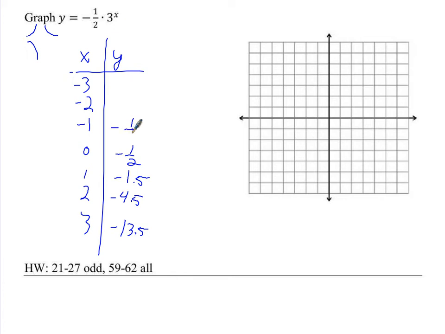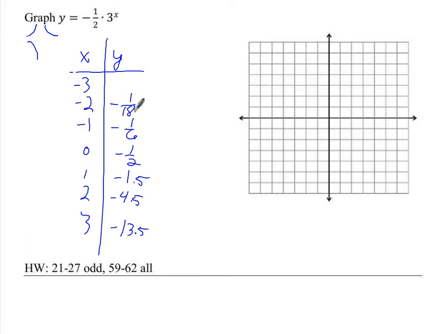Negative 1/6. Take negative 2 and plug it in. 3 to the negative second power, which is 1 over 3 to the second power, which is 1/9 times negative 1/2, which is negative 1/18.